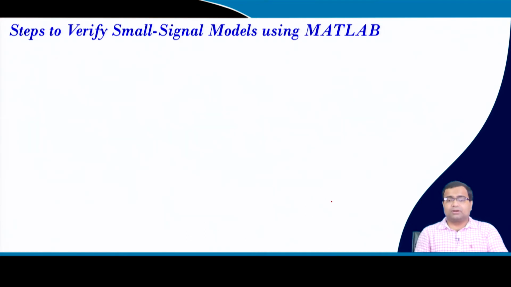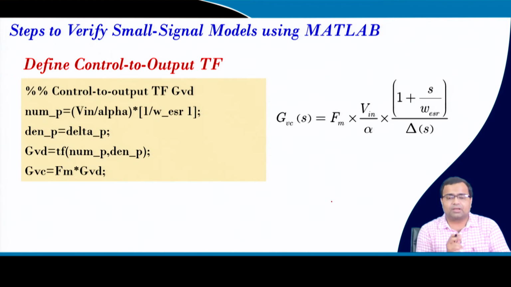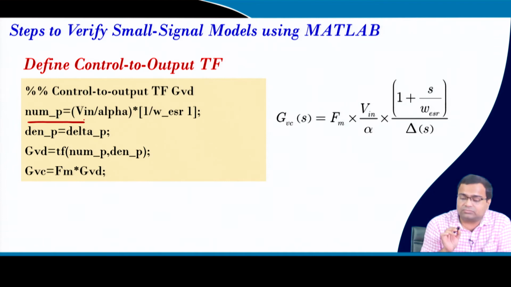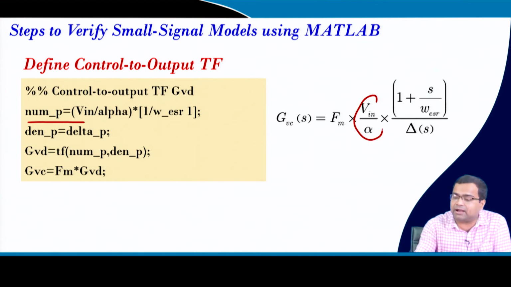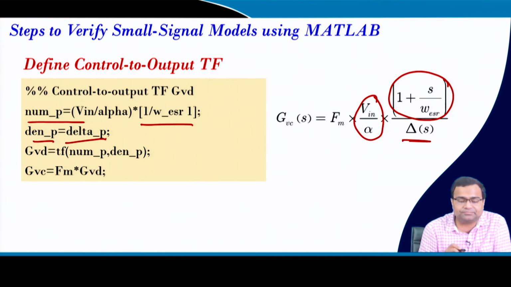Now, next we want to verify the control to output transfer function. The numerator is common. What is the numerator? It is Vin by alpha into this ESR 0, so this is the zero, and the denominator is delta P S, where this delta is nothing but this.